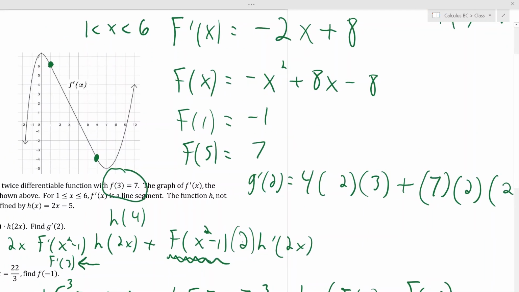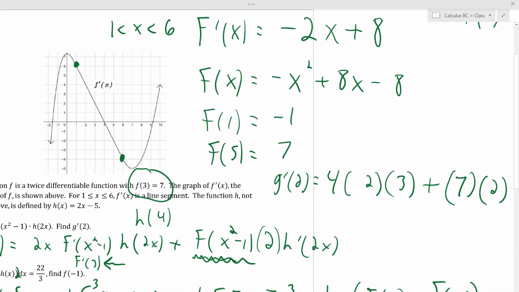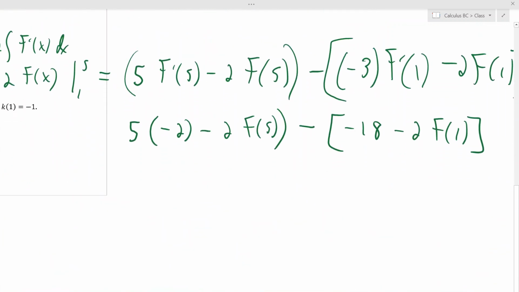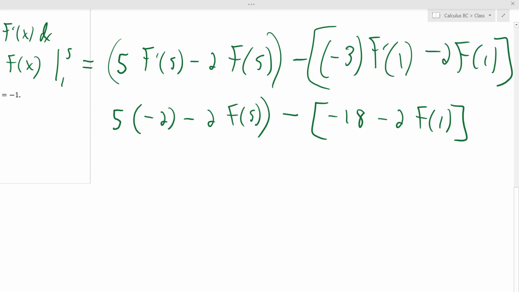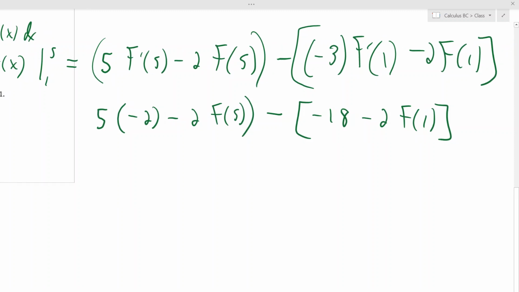That makes sense. It makes sense that f of 5 is 7 because f of 3 is 7, and f prime is here. Look, we have this area here, which represents an increase, and then this area here, which represents a decrease. So it goes up and down the same amount. So f of 5 is 7, f of 1 is -1. We don't need this parenthesis here.